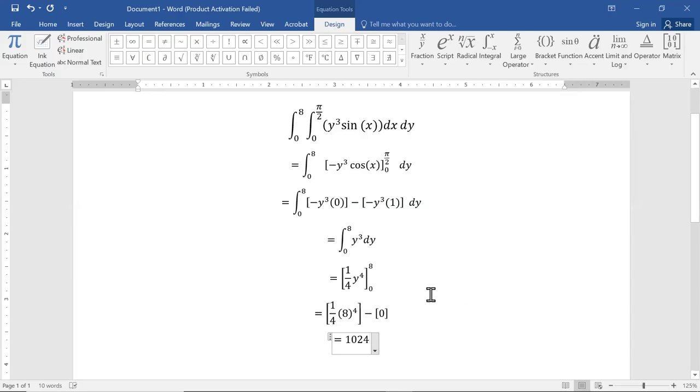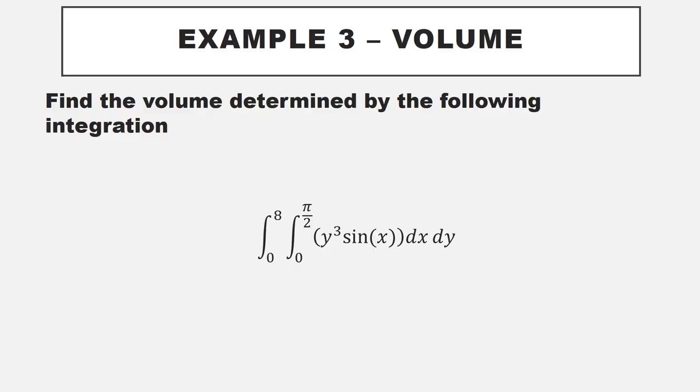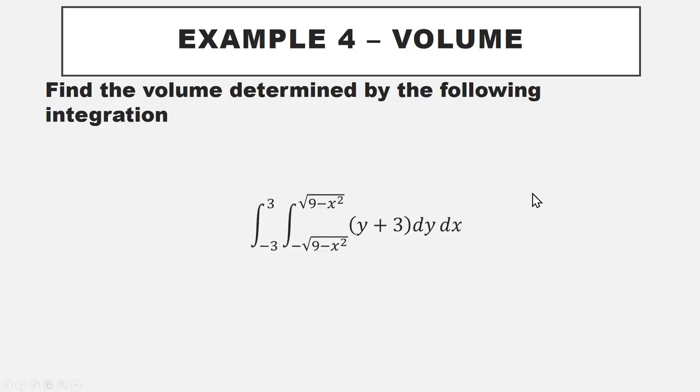Signed volume is 1024. Now, I'm not going to draw this figure and the volume of the figure that we just calculated, because that doesn't give me really any insight beyond the drawings that I've seen previously. So let's just go on to the next example.